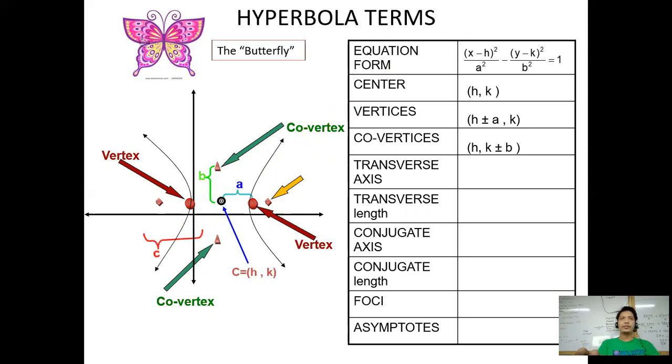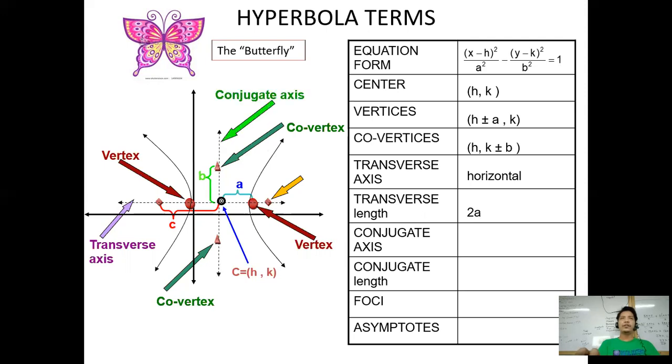Okay, so next. Yung distance between the foci and the center will be our letter C. Transverse, ito yung axis. So horizontal, so transverse line is 2A. Tapos conjugate axis, ayan naman po yung kanyang tinutukoy. So vertical naman siya, perpendicular sa ating transverse axis.